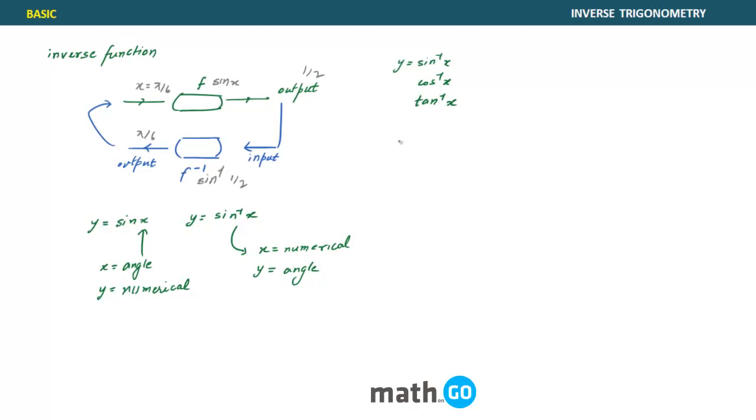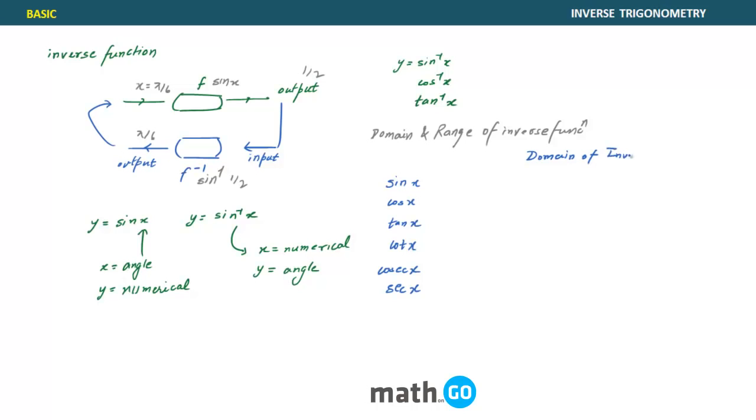Now how you have to understand domain and range. Leaving the basics aside, for the domain and range of inverse trigonometric functions, I can tell you a trick for how to remember them. For the domain of inverse functions, it is very simple.